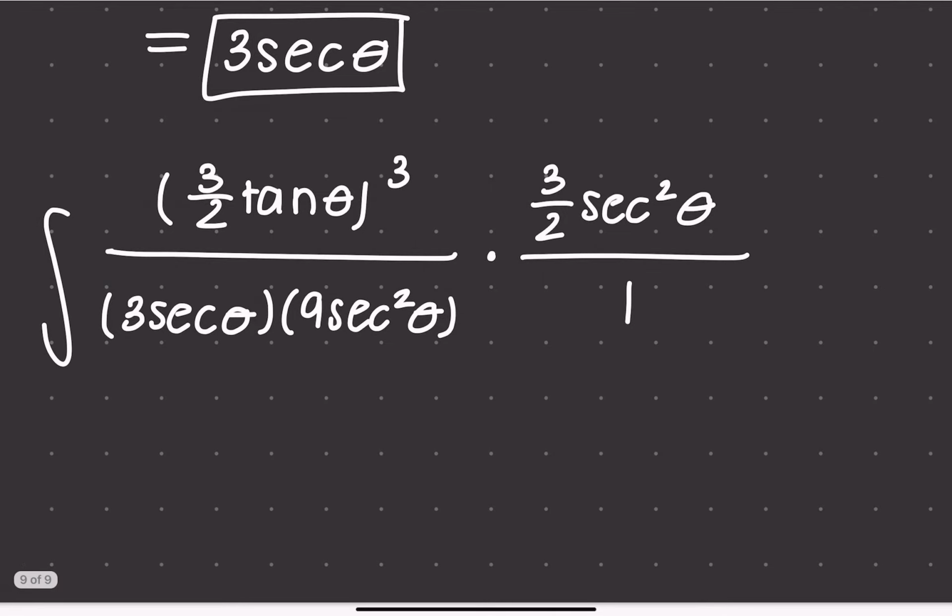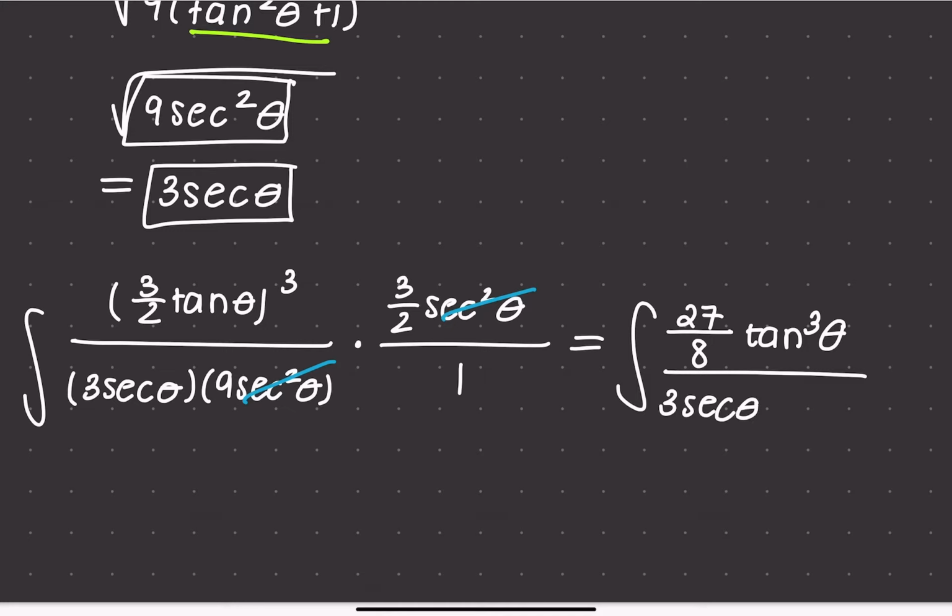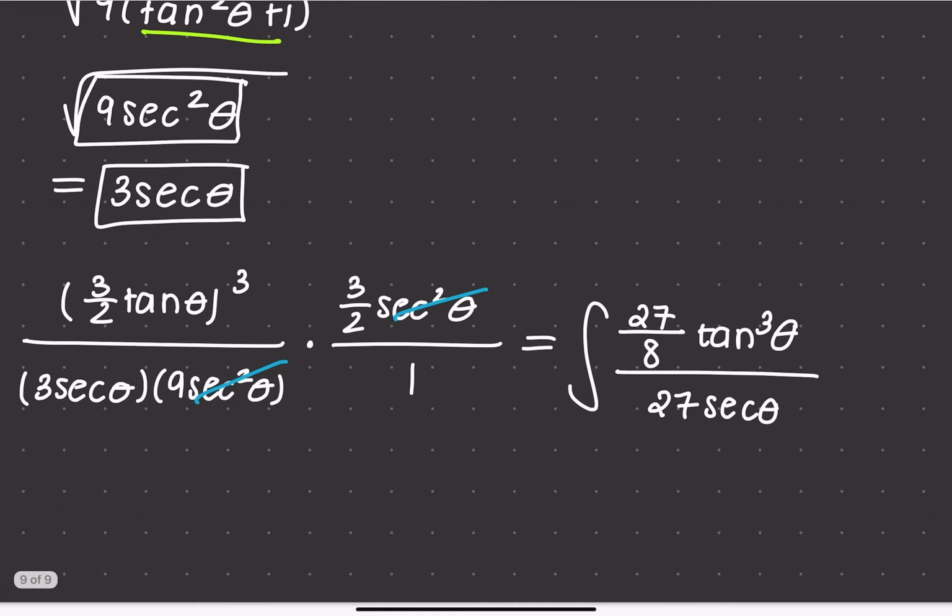Now let's see what we can cross out. So we can cross out this, and that is it. Let's now rewrite our integral. We can rewrite it as (3 over 2) cubed, which is 27 over 8, tan cubed theta over 3 secant theta times 9, so 27 secant theta, times 3 over 2.